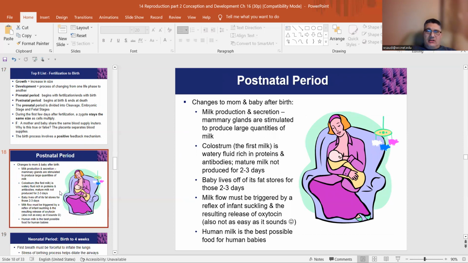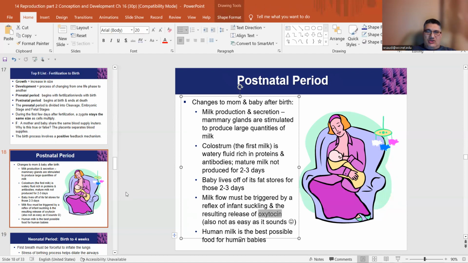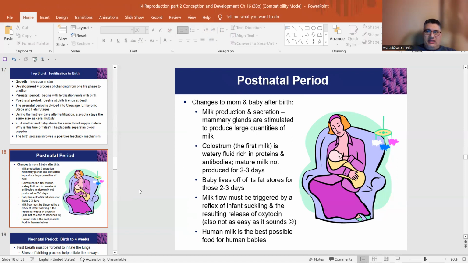So after birth, the mom will start to have her milk. The very first milk is called colostrum. It's kind of yellowish a little bit in the beginning, but the baby will take it. And I just want you to remember that this process here is also positive feedback. We talked about that before.